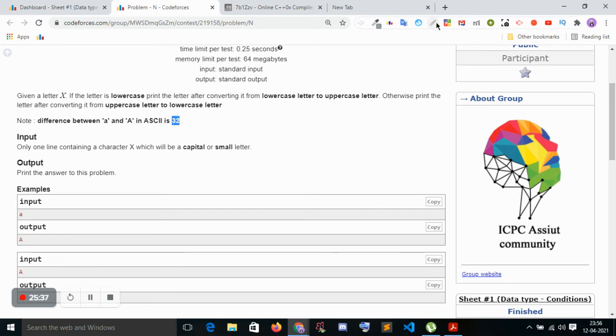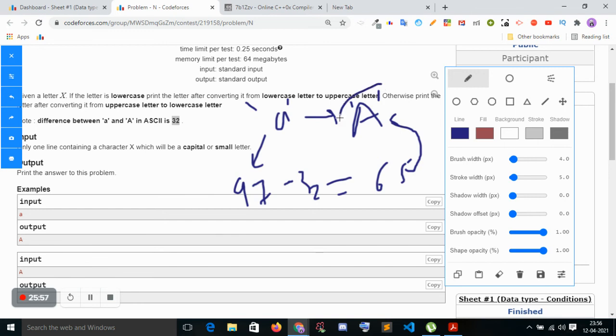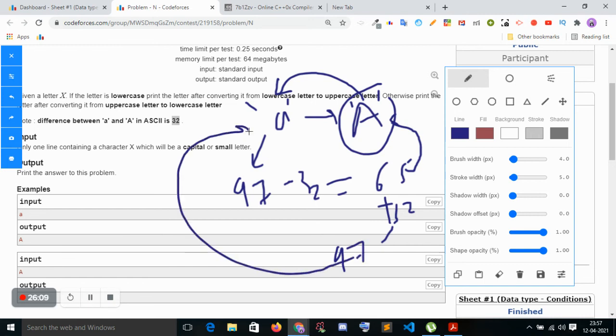If a small letter, your lowercase a, is there and I have to convert to capital A, because the ASCII value is 97, I just do minus 32, it will give 65, and I can typecast to char, I can get A. And the same thing, if I want to do it with 65, I will do plus 32 and I'll get 97. If I typecast to char, I will get this a. Okay. So this is a very easy question.